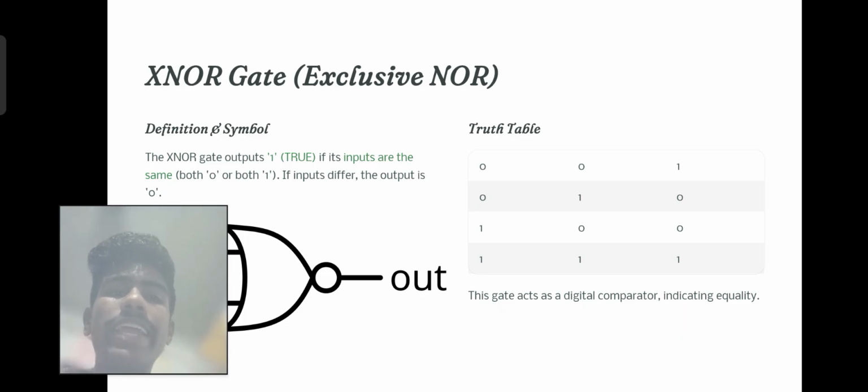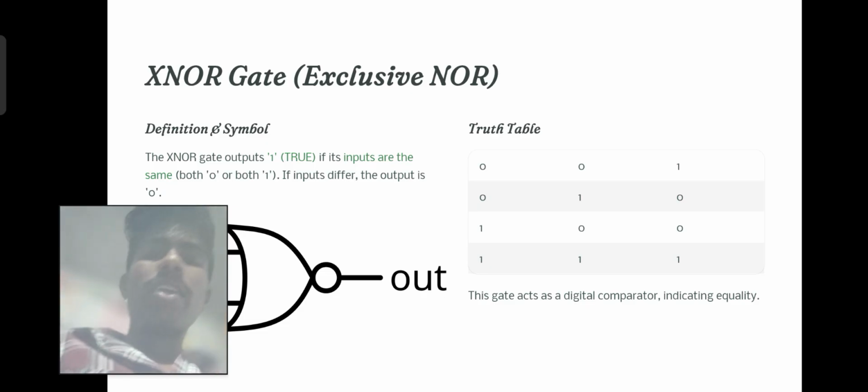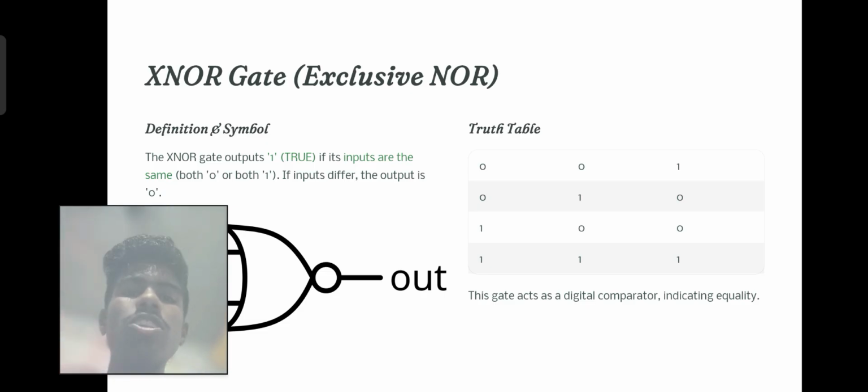The XNOR gate is a two input and one output logic circuit whose output assumes a one state only when both the inputs assume a 0 state or when both the inputs assume a one state. When one of the inputs assumes 0 state and the other a one state, the output assumes 0 state.